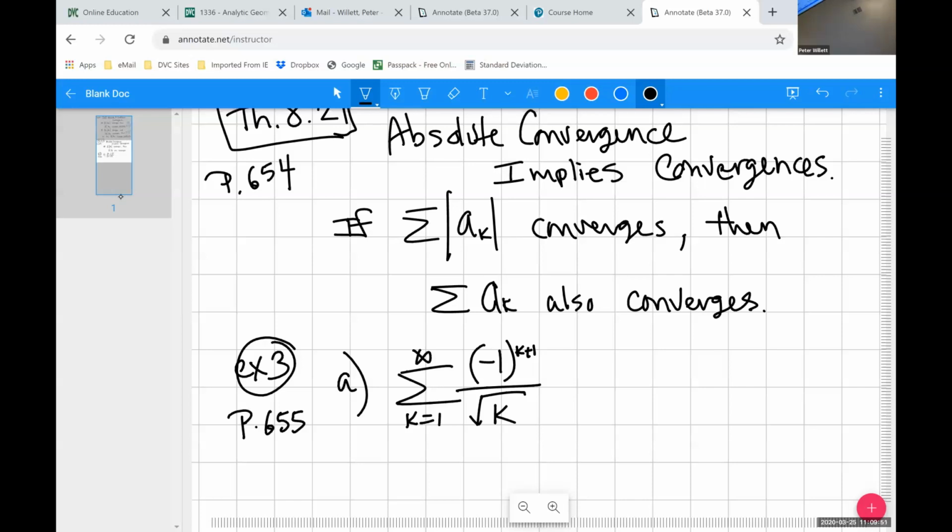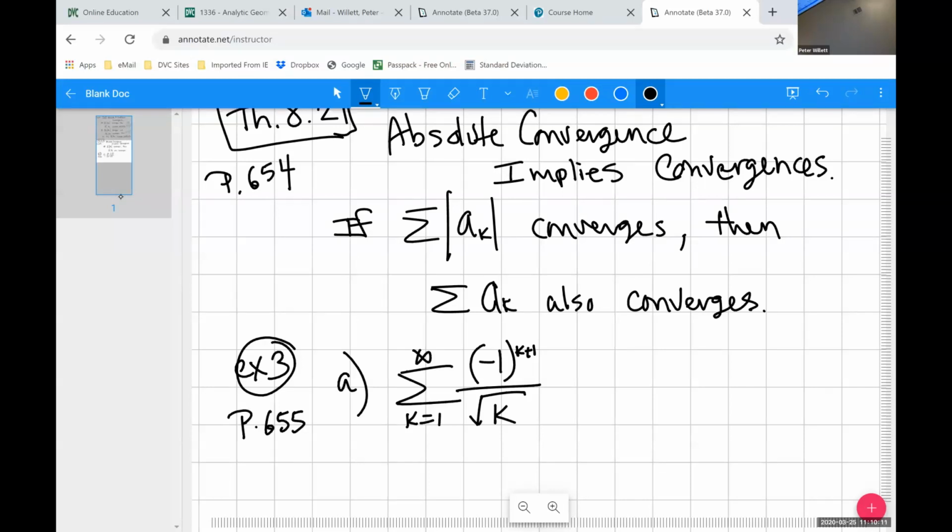Okay, so we want to figure out if it converges or if it diverges. And if it converges, we want to figure out if that's conditionally or absolutely, meaning it didn't matter if the -1 is there.